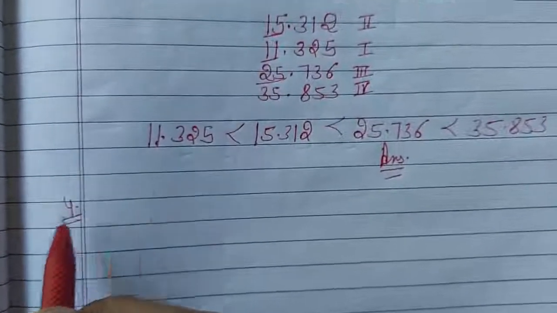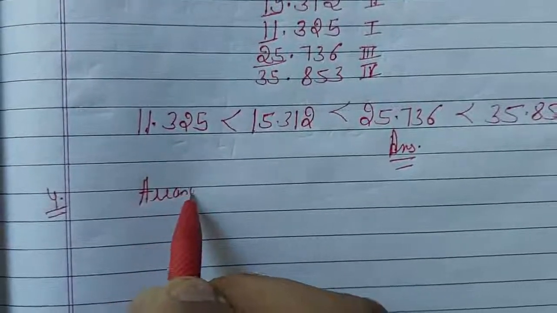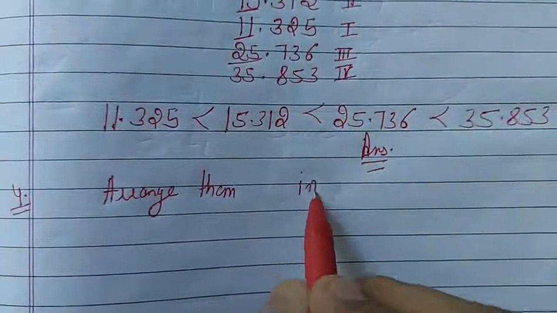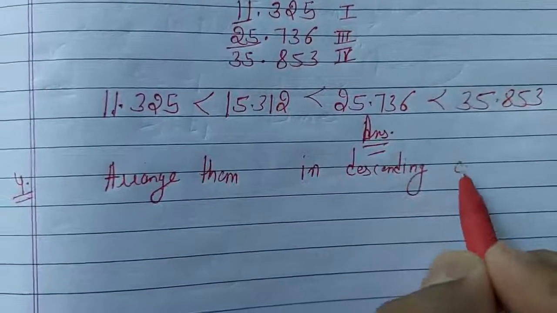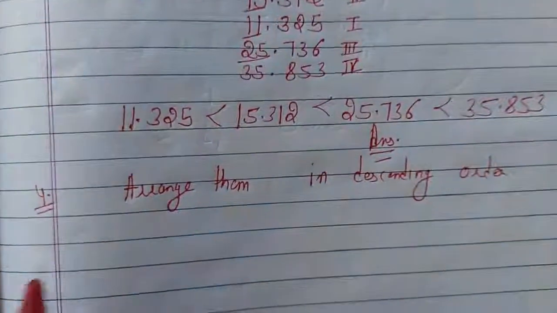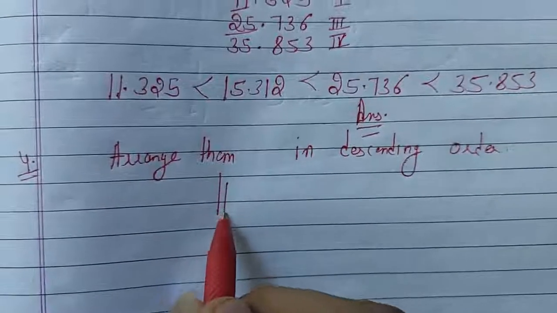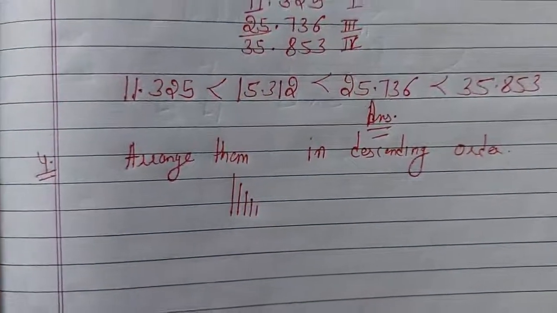And there is a question number 4th. You have to arrange them in descending order. So what is there in descending order? You will place a larger number, then a smaller number, then a more smaller number, and then the smallest, like this.